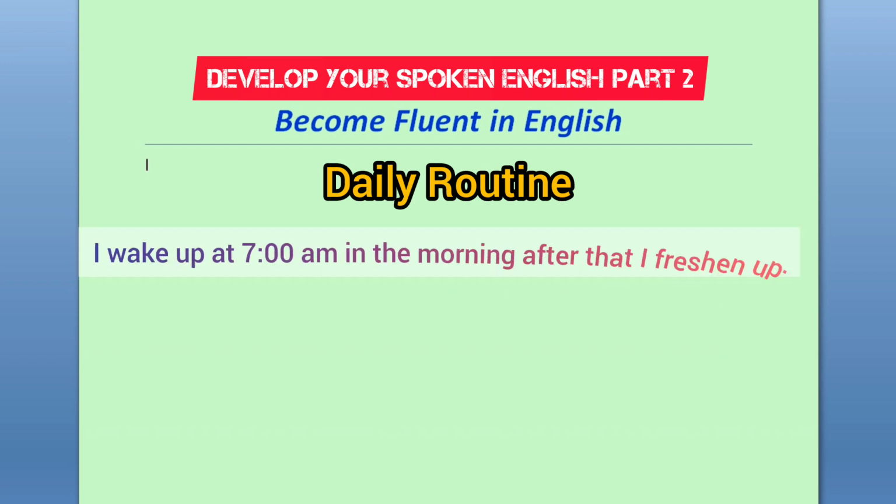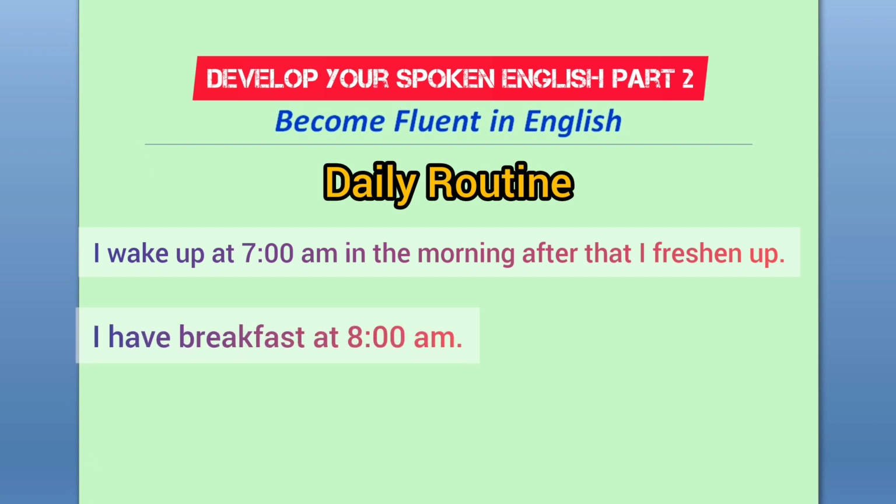I wake up at 7 a.m. in the morning. After that, I freshen up. So see, you just use present tense. I'm just using simple present tense because you're talking about your daily activities which you do regularly, right? So let's see the next line. Then you can mention, I have breakfast at 8 a.m.